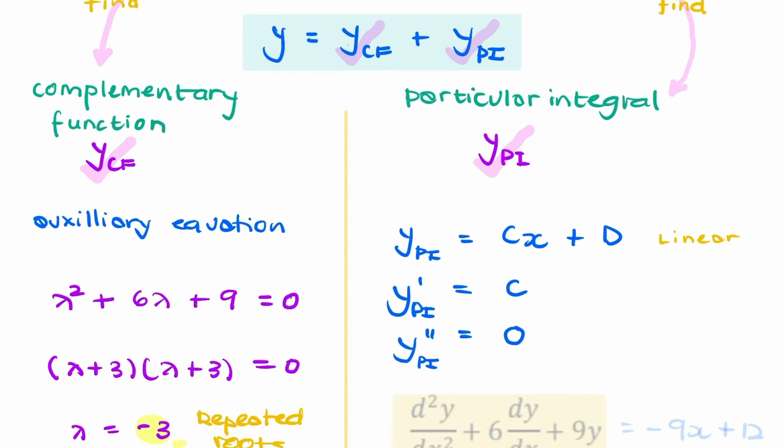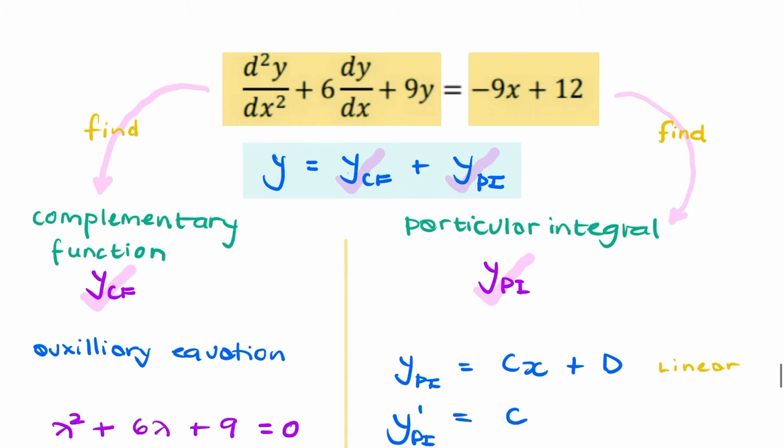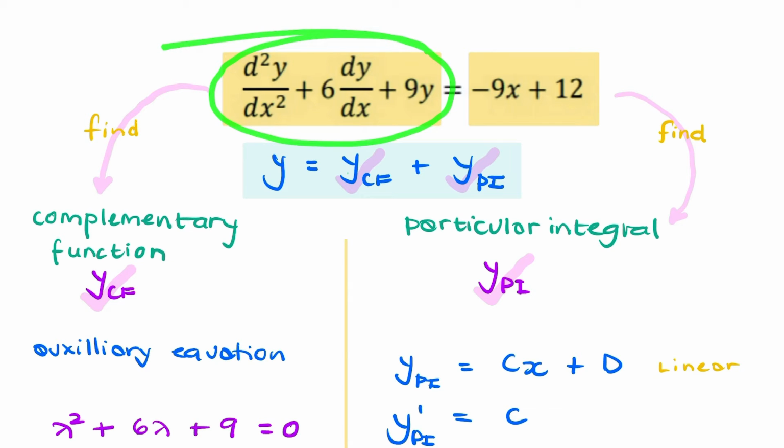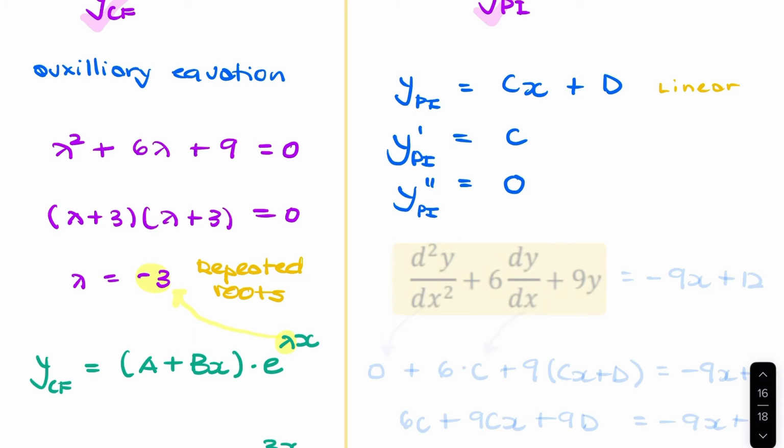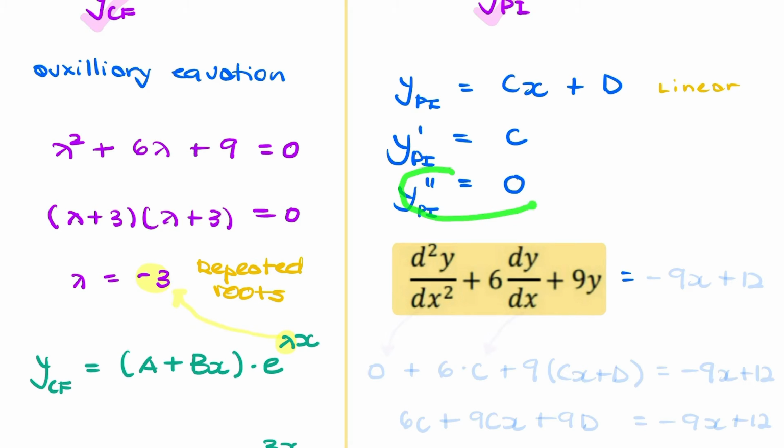So now we know the first and second derivatives. We can plug those back into our differential equation. So if we look at the original equation here, and we plug these in, they should equal minus 9x plus 12.